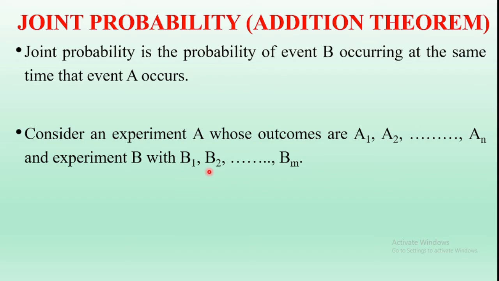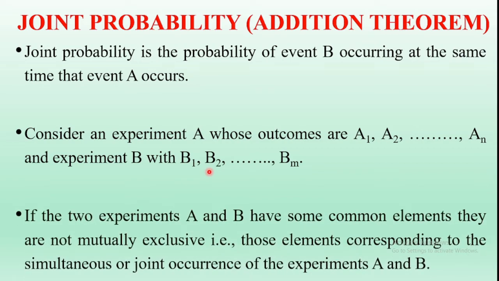If the two experiments A and B have some common elements, they are not mutually exclusive. Those elements correspond to the simultaneous occurrence or joint occurrence of the experiments A and B.